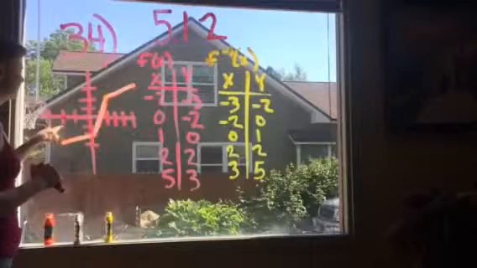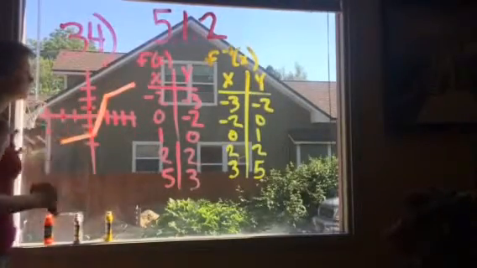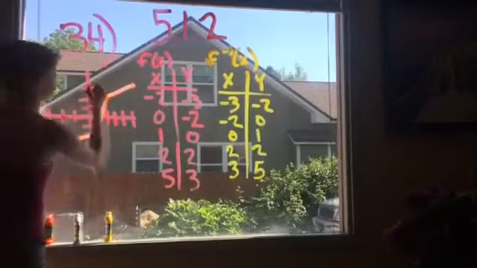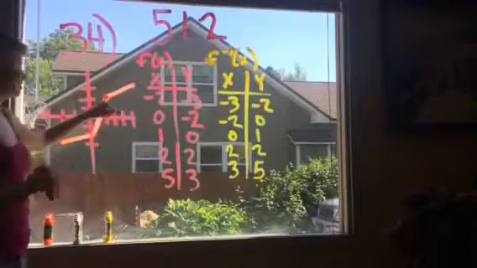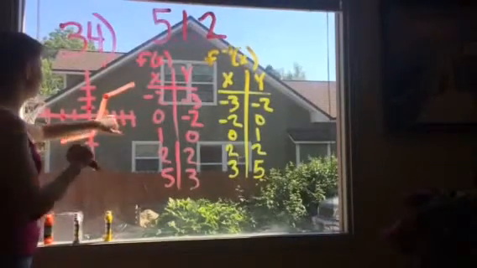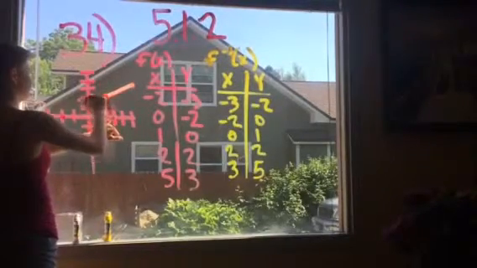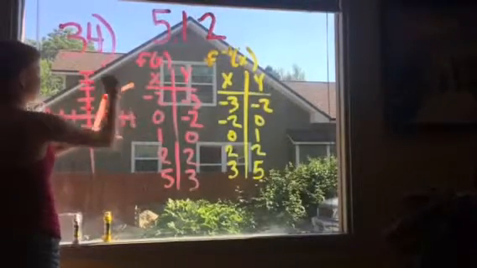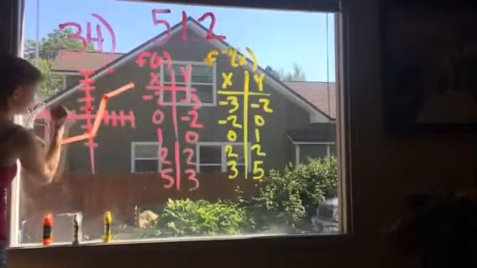And then 0, 1 would be up here on the y-axis. And then we have this same point, 2, 2. So the graphs are going to intersect at 2, 2. And then we have to go over 3 and up 5. And those are the points for our new graph, and now we have to connect them.